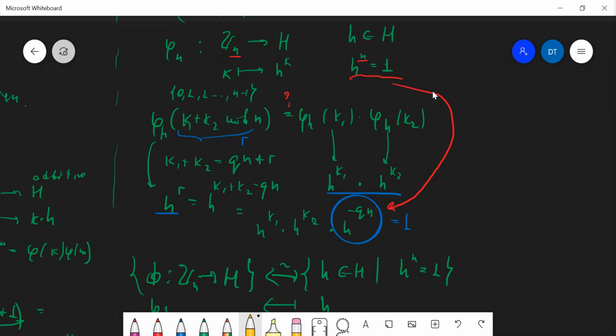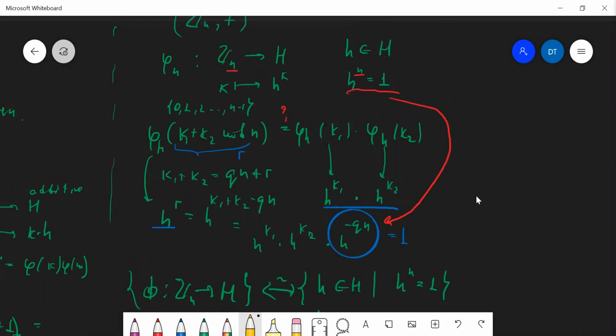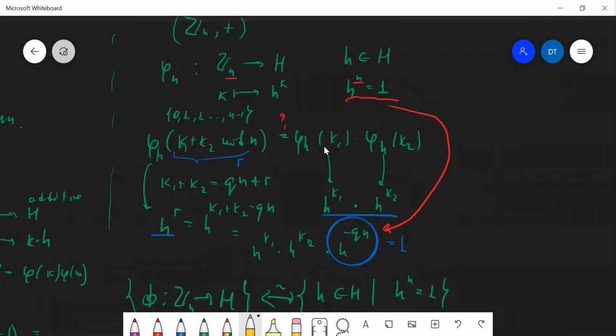But during the lecture, we proved that any element from H to the power n is equal to 1. Like from Lagrange's theorem, we have a corollary which says that g to the power... Well, but do you want to apply the Lagrange theorem for the left group or for the right group?